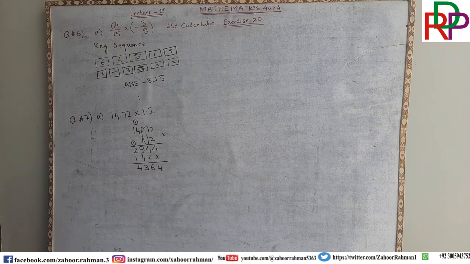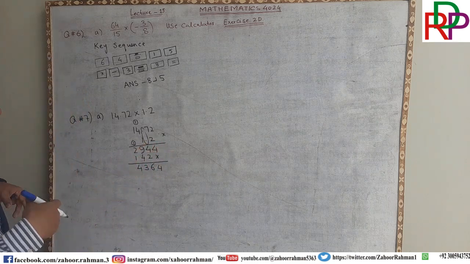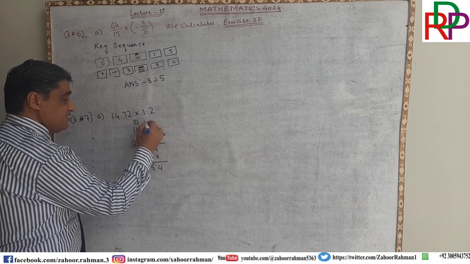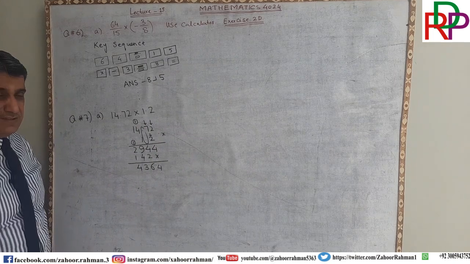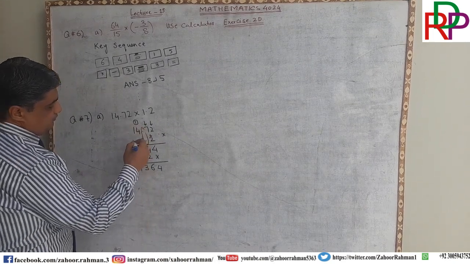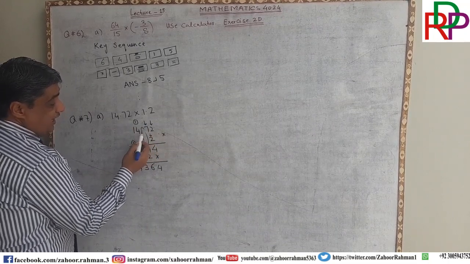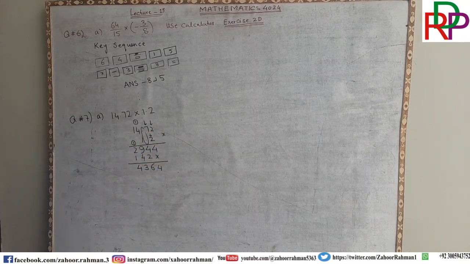When you are completed with this part, the next part is that you have to count the digits after the decimal. In this case, this is 1 digit, this is 2 digits, and this is 3 digits. Then it is 3 digits. So after the decimal on the right side, how many digits are there? There are 3 digits.